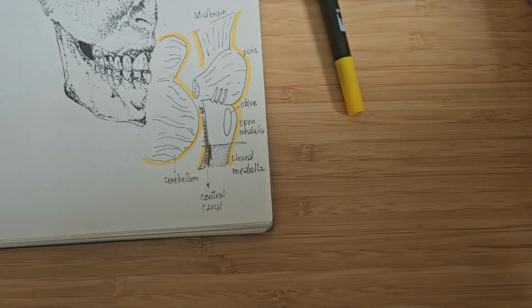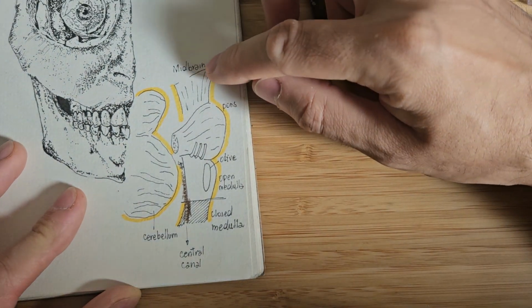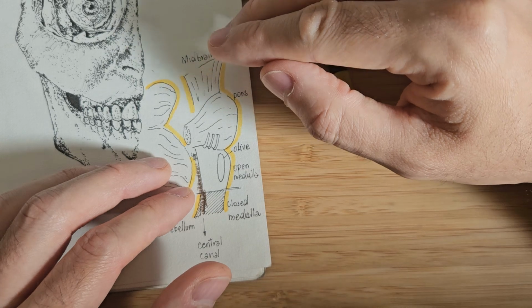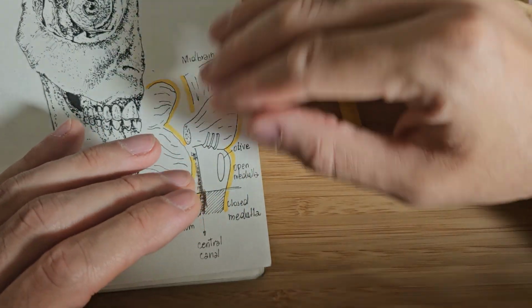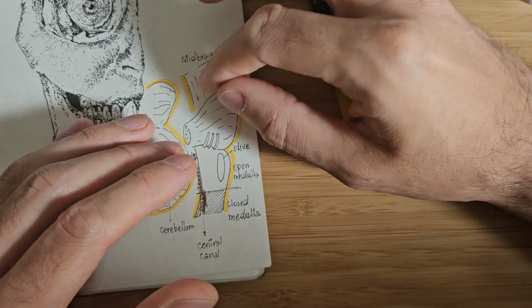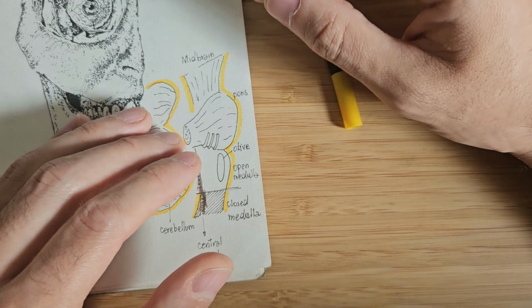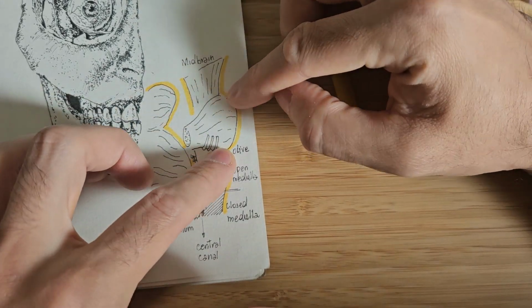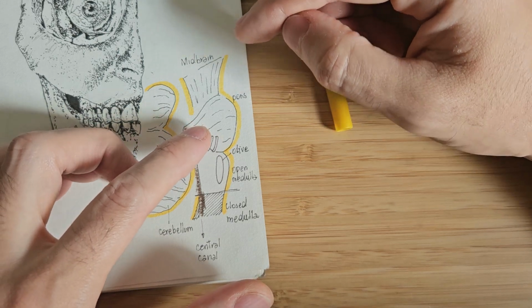Now we have the midbrain here, which is located superior to the medulla and is part of the brainstem, but is not directly within the medulla itself. It plays an important role in motor control, sensory processing, and visual reflexes. The pons, which is this part here, is situated above the medulla.